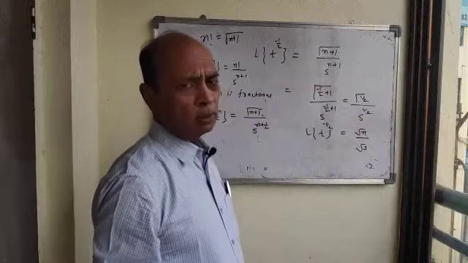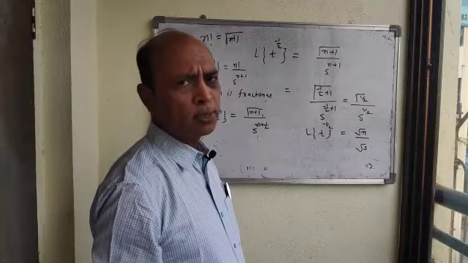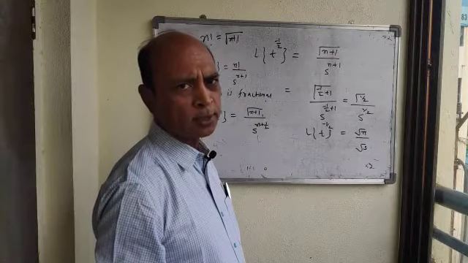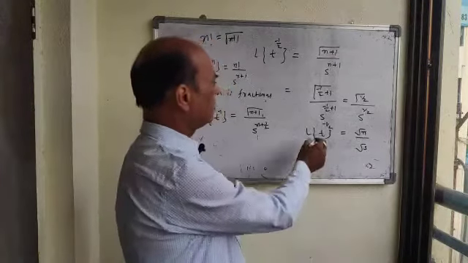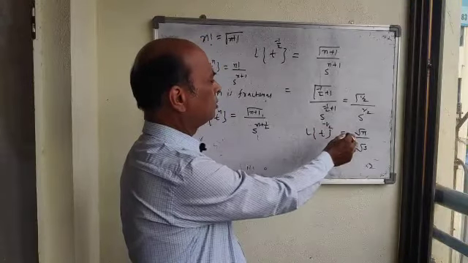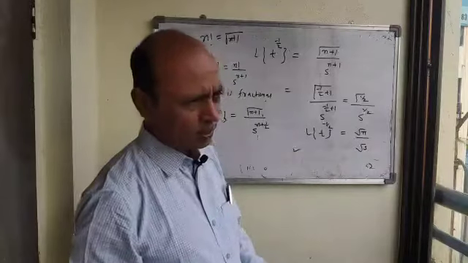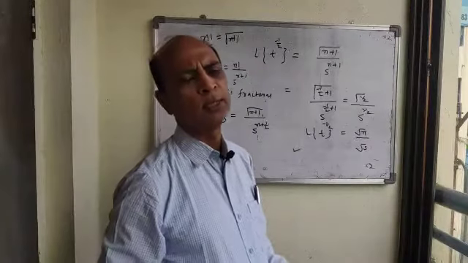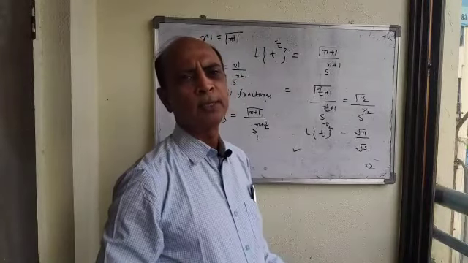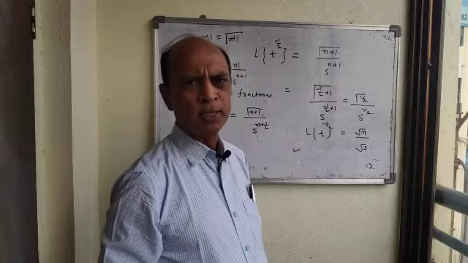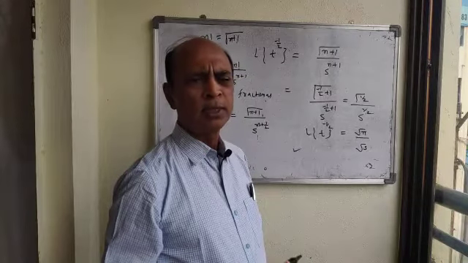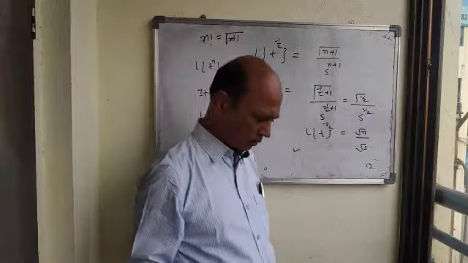And all of you know that gamma of half is root pi. We have seen it in the first year class. So L of t to the power minus half is equal to root pi upon root s. In this way you can find the Laplace transform of any fractional power using this formula, L of t raised to 3 by 2, 1 by 7, whatever it may be.